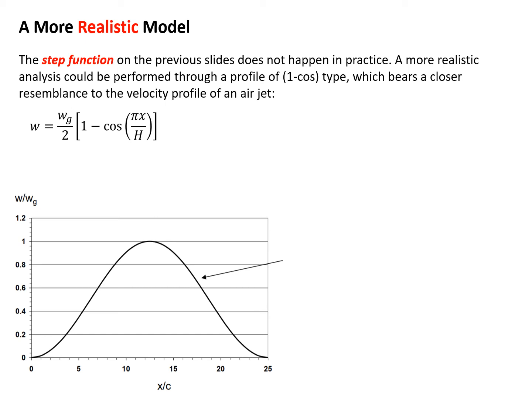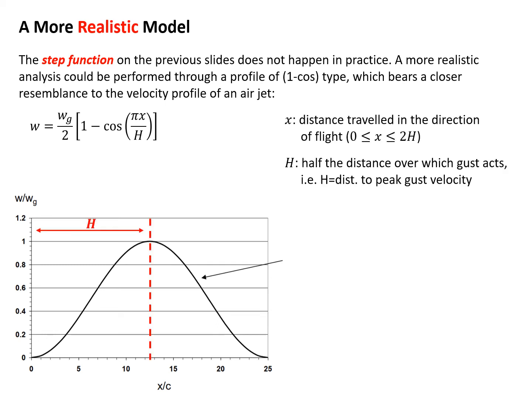So this is the gust velocity under the 1 minus cosine profile, and the horizontal axis is x over c, where c is the mean aerodynamic chord of the aircraft, and the vertical axis is w over wg. So that's the simulated vertical velocity.